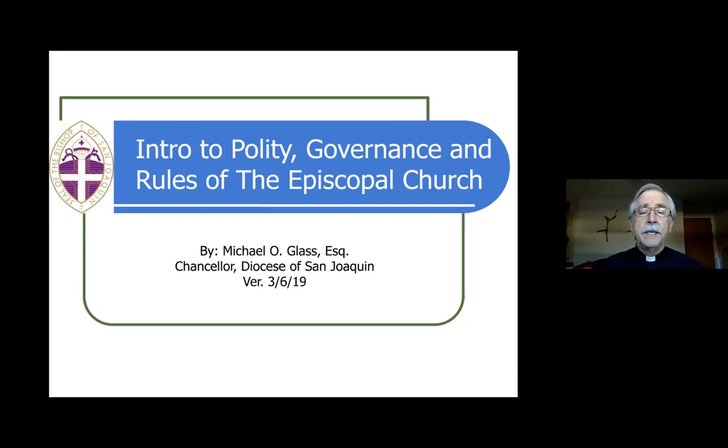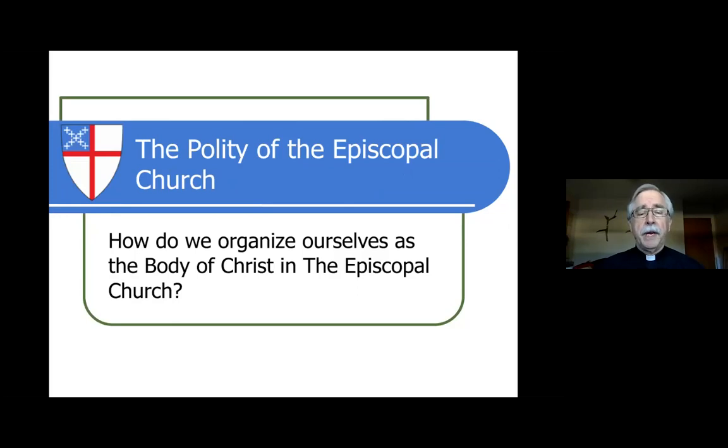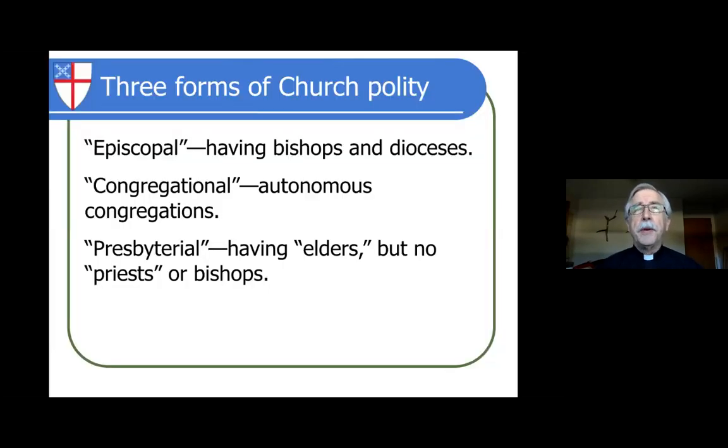All right, so let's begin here. How do we organize ourselves? So there are three basic ways that churches typically organize their life. There are Episcopal style churches, ours would be one, where there are bishops and dioceses, and it's a kind of a hierarchical structure.